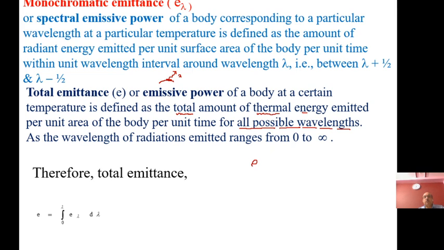As spectral emissive power for a particular wavelength is E lambda, and for all the radiation we will integrate it with respect to wavelength from 0 to infinity, and this is called emittance, that is E.